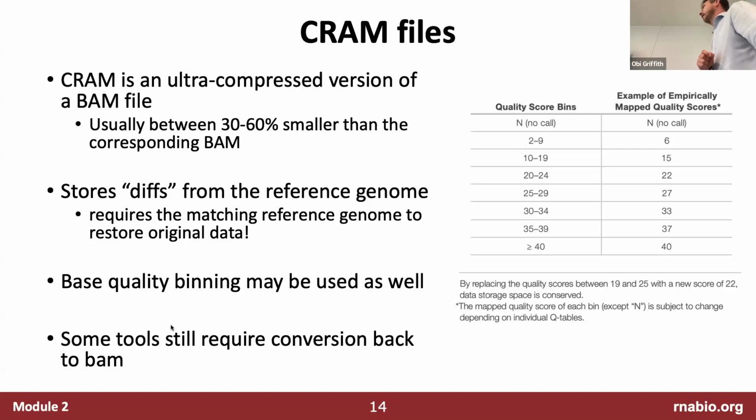So where these 100 bases match the reference genome perfectly, I don't need to waste a lot of space in the file describing what the sequence is. I can just say, go to the reference and look it up if you want it. The reference has this sequence, and I'm just telling you it matches the reference here.